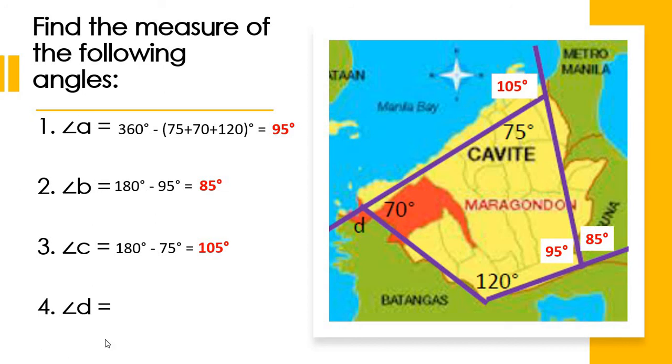And then, for our last item, angle D. So, ang kanyang interior angle measures 70 degrees. So, 180 minus 70 degrees, which is equal to 110 degrees. Angle D is equal to 110 degrees.